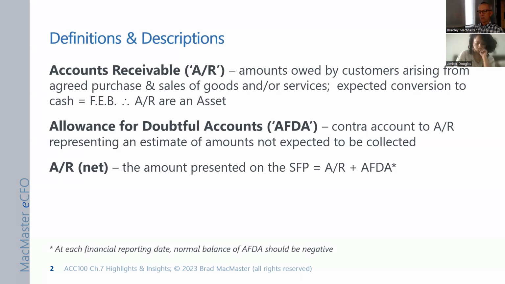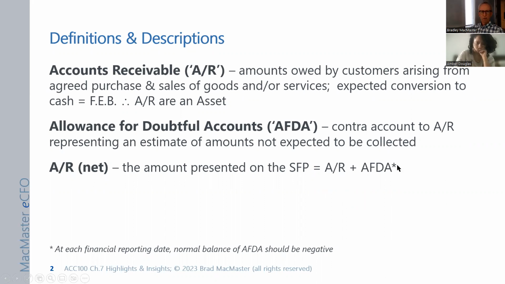Instead, it's our estimate of the future economic benefit, meaning the amount that we expect to collect in cash from all the legal amounts that we are owed. And as a result, the amount we present on the statement of financial position is equal to the sum of the host account, accounts receivable, and the contra account, allowance for doubtful accounts.